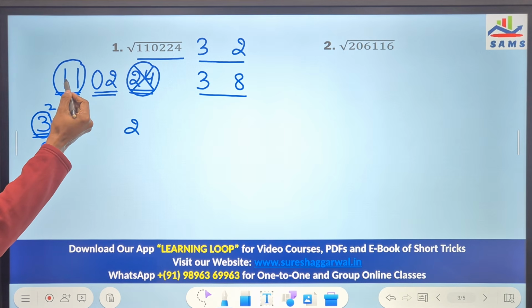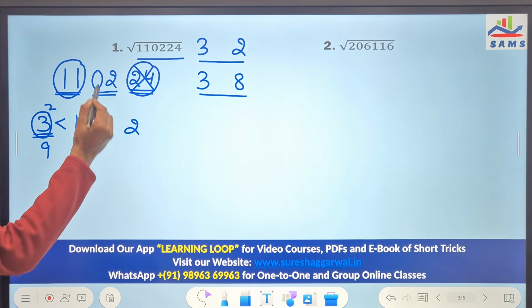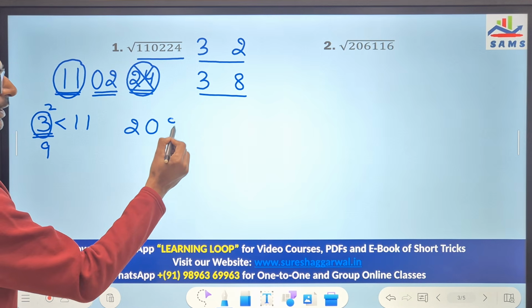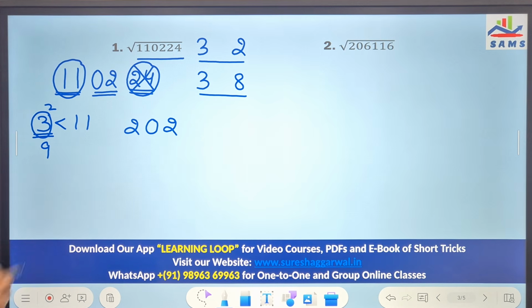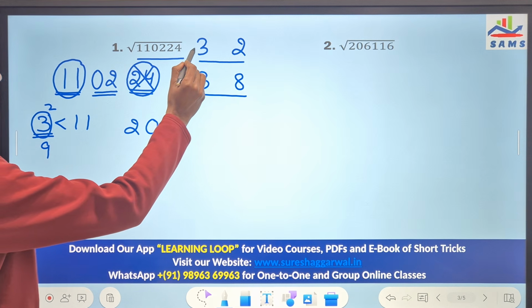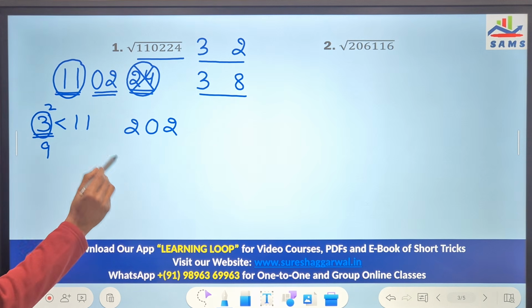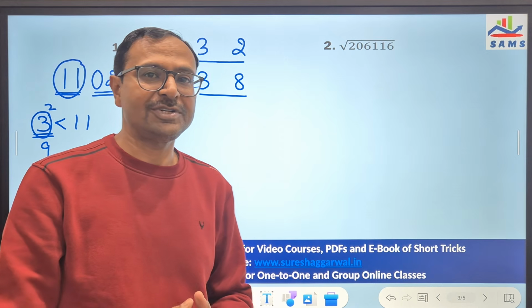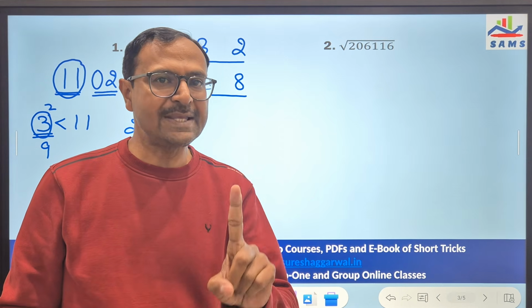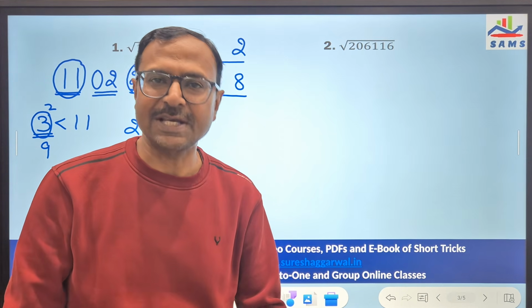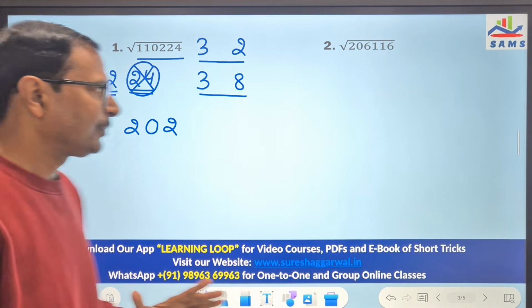So with the difference of 11 and 9, that is 2, I will suffix the middle number, that is 02. So this becomes 202, and now this 3, what will I do? I will do a bit of long division now. This step is only a single step of long division which has to be used in the question.